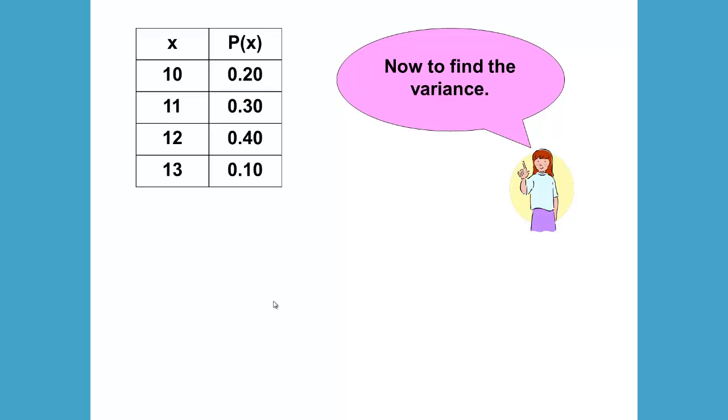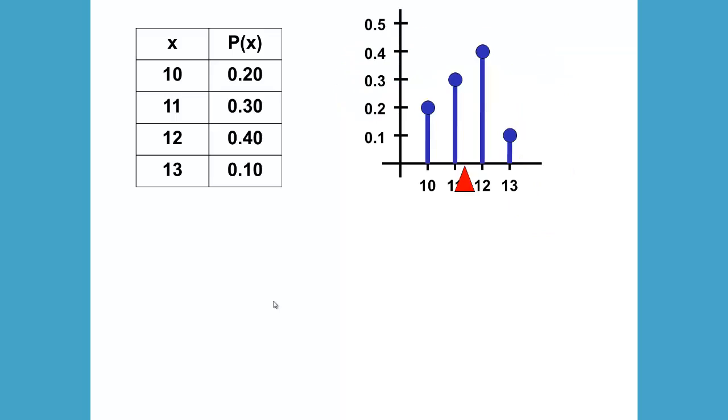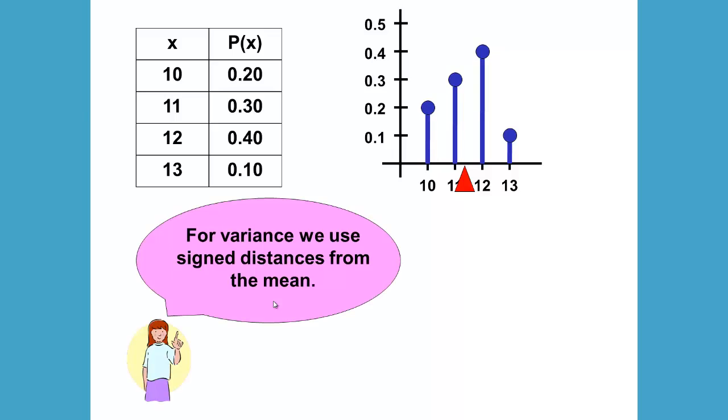We will need to remember what the variance measures, and we will start by looking back at our graph. The variance is a measure of the distance of the data values from the mean. For the variance, we will use signed differences from the mean.